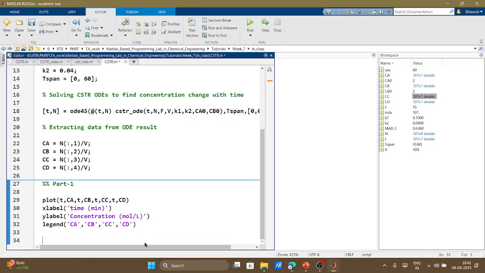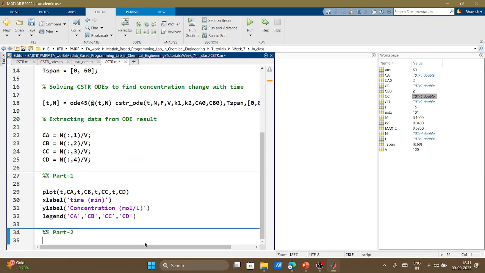Then your part 2 becomes finding the maximum concentration.